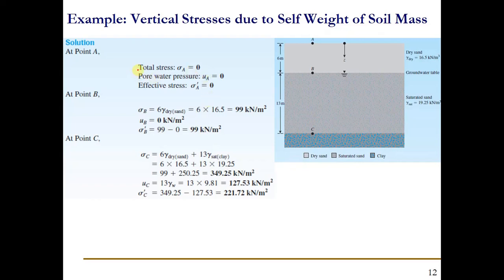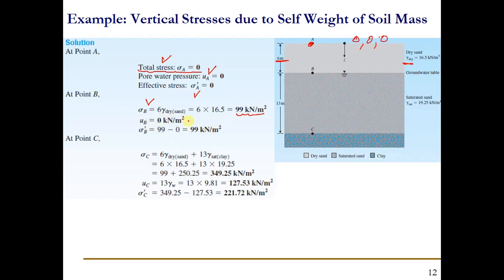As we already know that no soil particles or soil layers are present above the point A, therefore the total stress is equal to 0, pore water pressure is equal to 0, and the effective stress is also equal to 0 at point A. Now at point B, we will multiply the dry unit weight with the depth of that layer, dry sand, 6 meter, and we will come up with the total stress, 99 kilonewton per square meter or kPa.